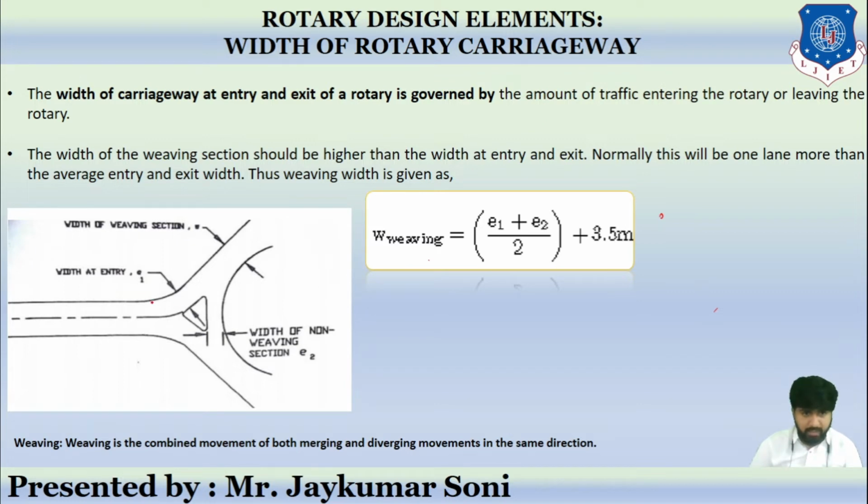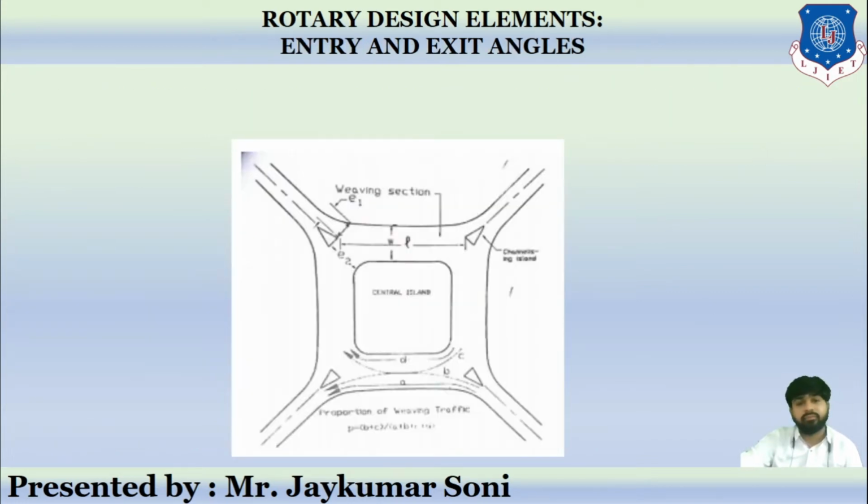This is the width at entry. This is the width of weaving section. And this is called the width of non-weaving section. You can see this is entry, this is exit, and this is the weaving section. And these are called non-weaving sections.